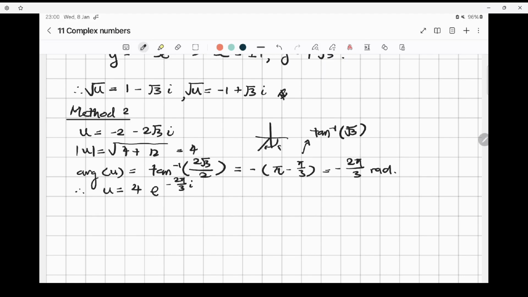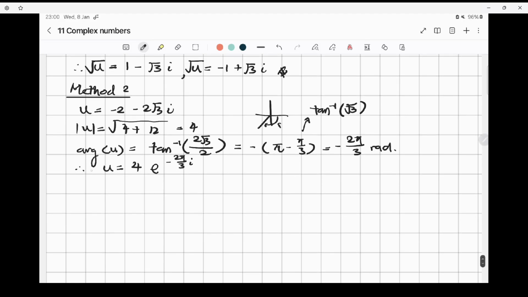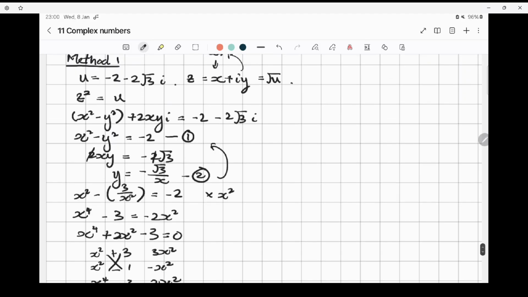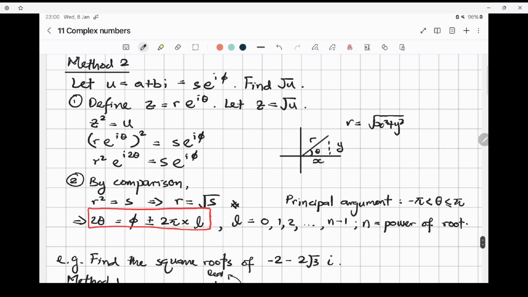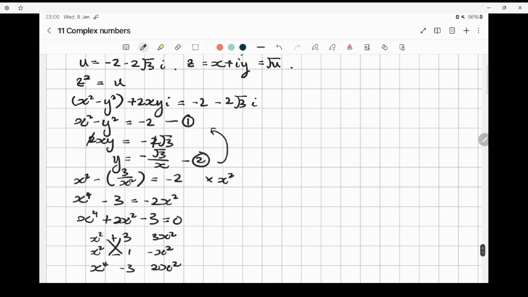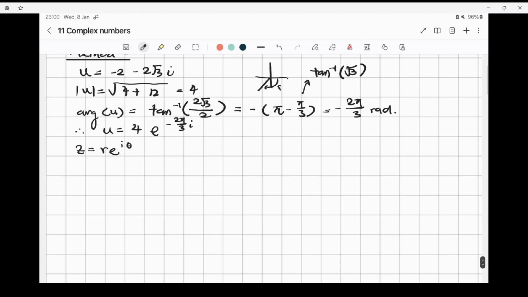Okay, so now let's define z to be re^(i theta). That's what we define, right? Yep. So let's define z to be re^(i theta), and z equals square root of u. So this means that your z squared equals u.